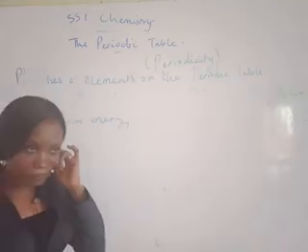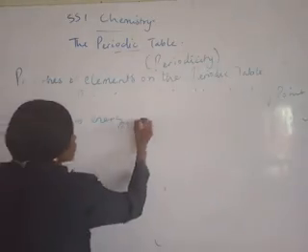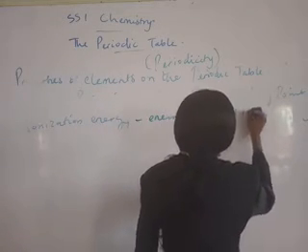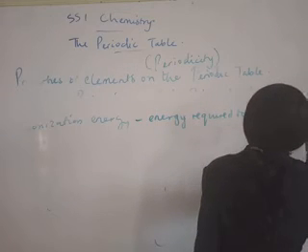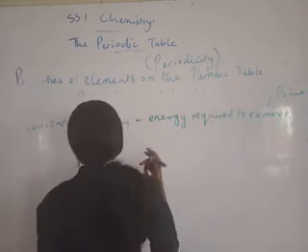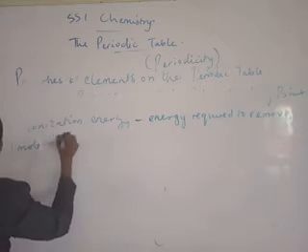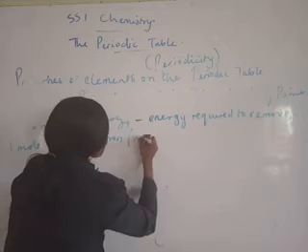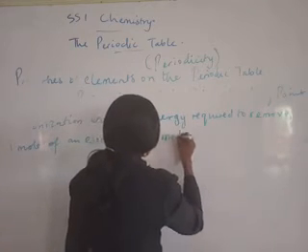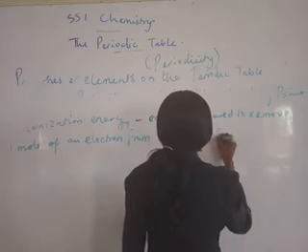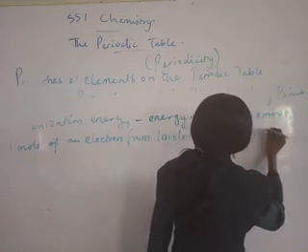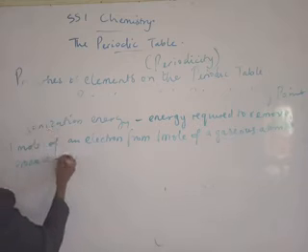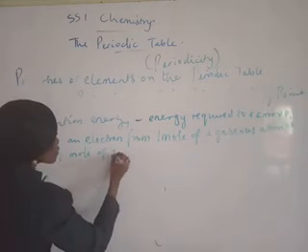It's simply the energy required to remove 1 mole of an electron from 1 mole of a gaseous atom to produce 1 mole of a gaseous ion.